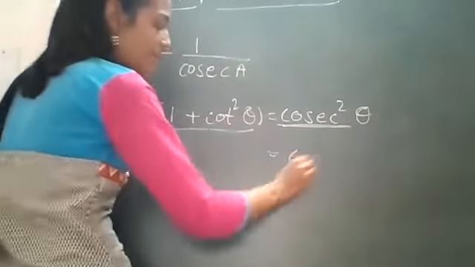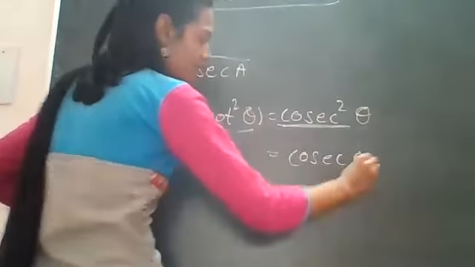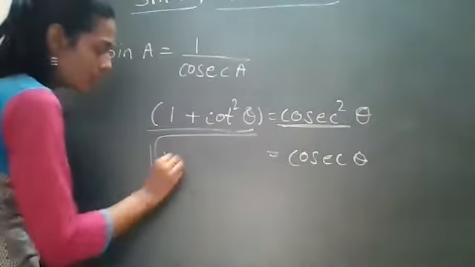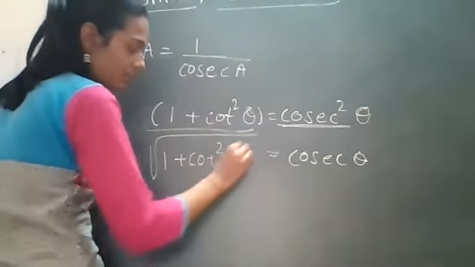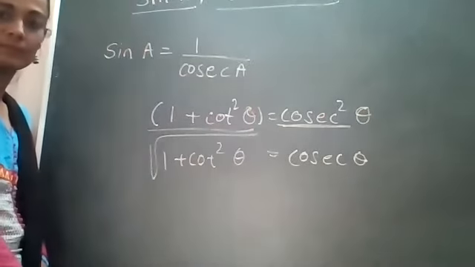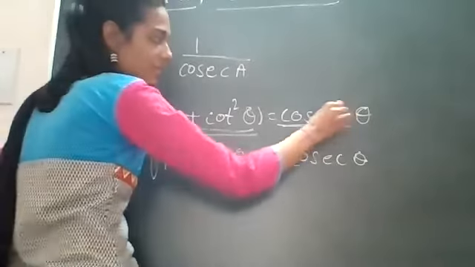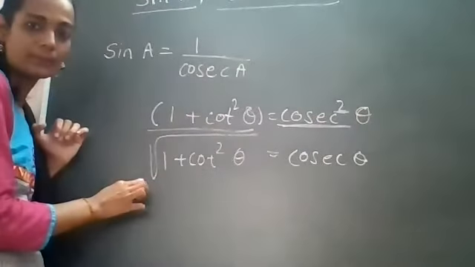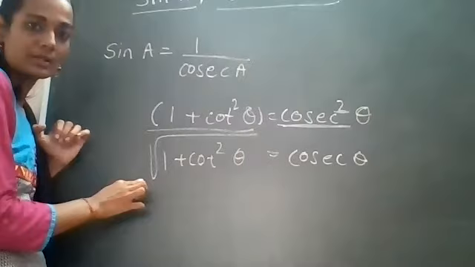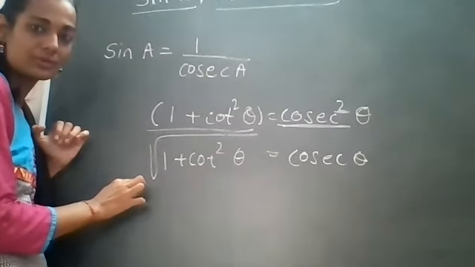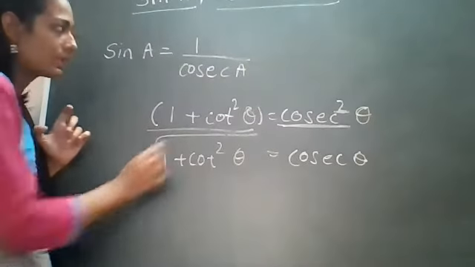So what can we write? Cosec theta is equal to under root of 1 plus cot square theta. Here we have to remove the square, so we have to give the square root. Yes or no? Yes, ma'am. Okay.